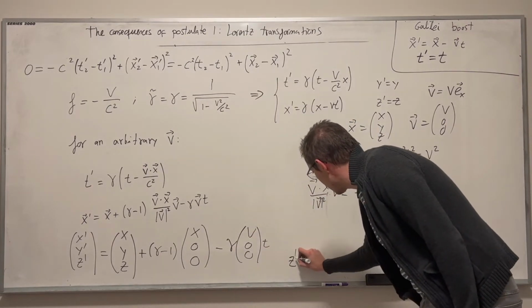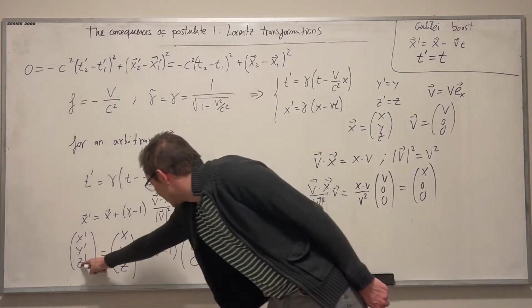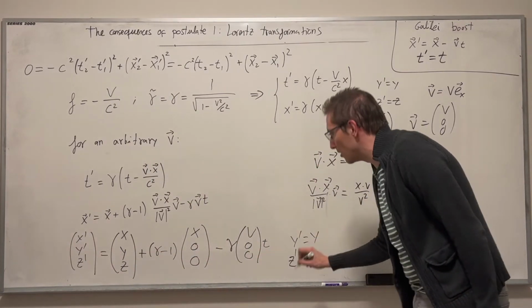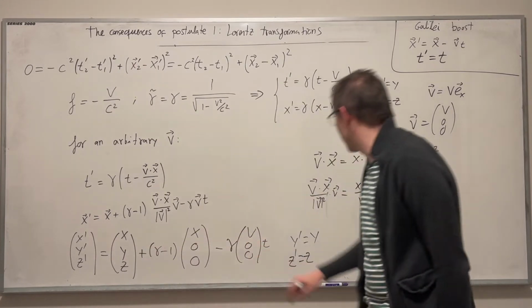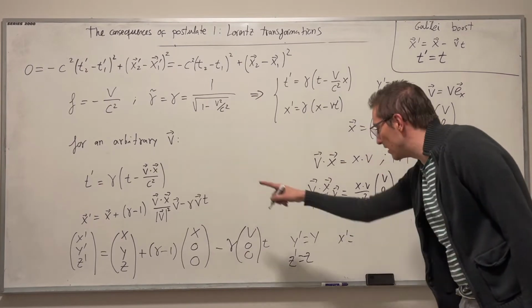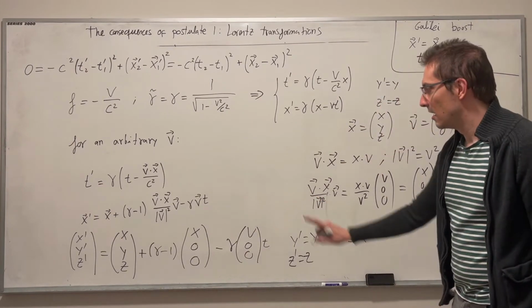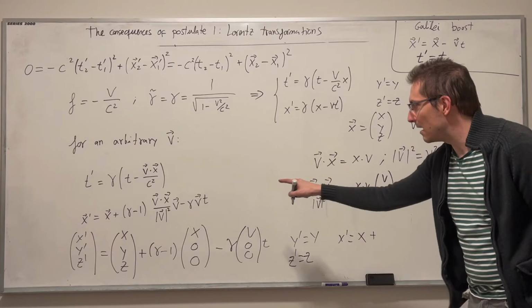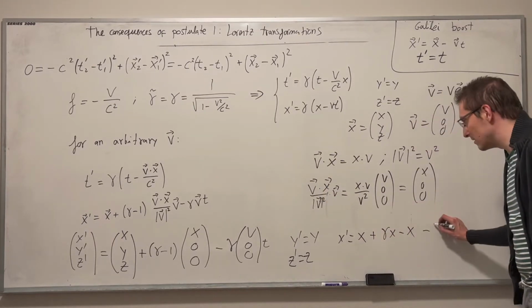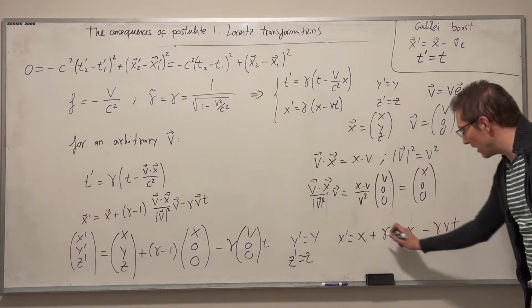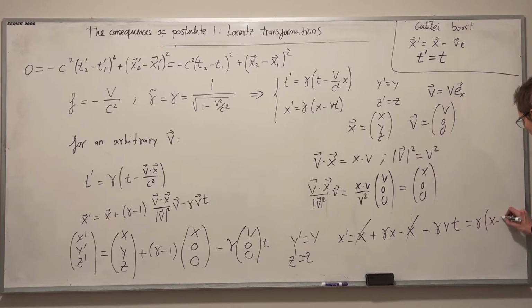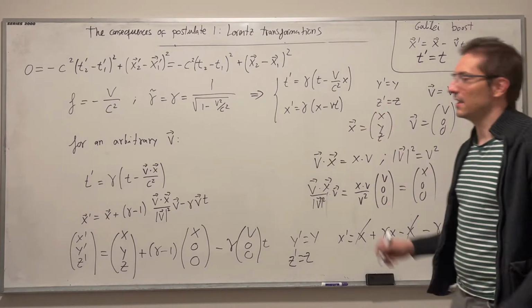Well, z prime equals z. That's easy to see. It's only this. There are no components here. y prime equals y. Also easy to see, 1 here and 0, 0 here. What about x? x prime is 1x that I have from the first term, plus gamma minus 1 times x, which is gamma x minus 1x, minus gamma vt. Right, this cancels this, and I'm left with gamma multiplying x minus vt. There we go. Exactly that case.